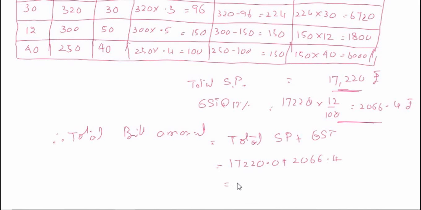So if you add these two, you will get 19,286.4. So the total bill amount is rupees 19,286.4 rupees.